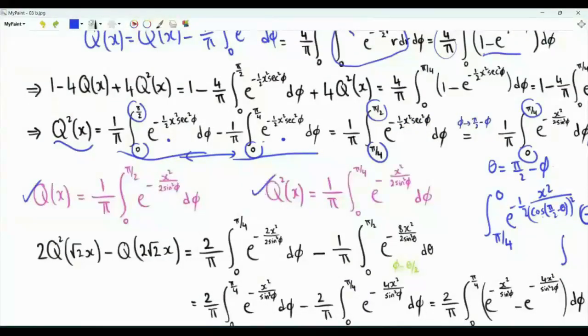We have obtained two integral representations for q of x and q squared of x. Both of them have this factor 1 over pi. Both of them involve the same integrand, but the integral for q of x is from 0 to pi over 2, and the integral for q of x squared is from 0 to pi over 4.